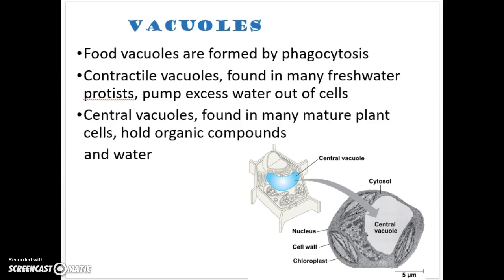One last thing is that a plant vacuole also is where you'll find the food reserves, like sugars that the plant cell needs, which are going to be stored in that. And also waste products are stored within the big plant vacuole.